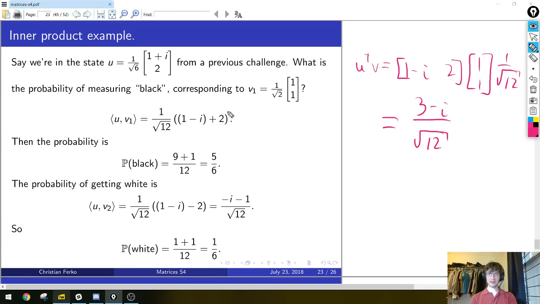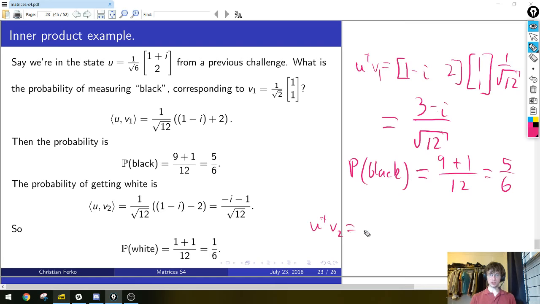And then the probability is the absolute value of this thing squared. So the probability of black: the absolute value squared is real part squared, 9, plus imaginary part squared, 1, over 12, which is 10 over 12, or 5/6. Similarly, for the probability of getting white, you can play the same game, where this was V1 up here. Now you take U dagger V2, which again will have 1 over root 12.